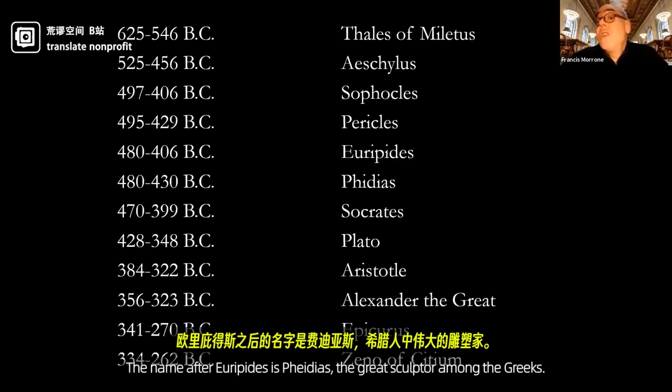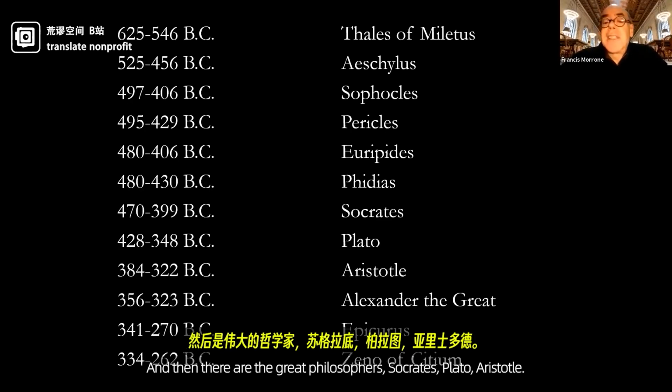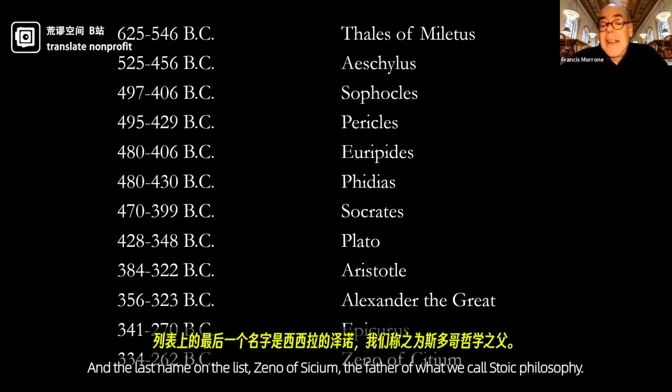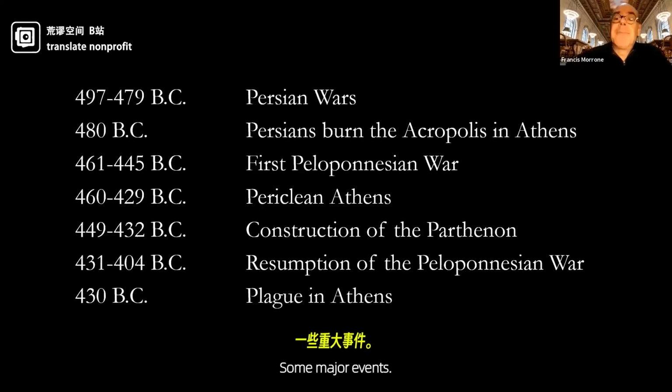The name after Euripides is Phidias, the great sculptor among the Greeks, and then there are the great philosophers, Socrates, Plato, Aristotle, and the last name on the list, Zeno of Citium, the father of what we call Stoic philosophy.